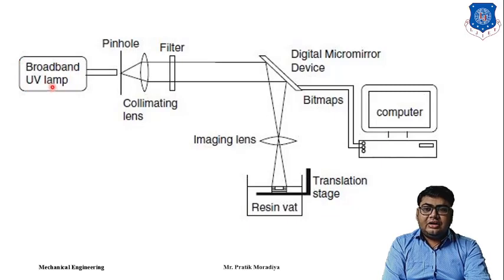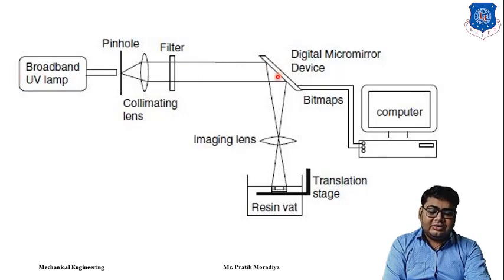This is our light source, normally UV light. From the light source, we will be imparting light on our mirror. Depending on where we want solidified parts, we will move this mirror in this direction and in two other directions also. So, depending on the tilt of the mirror, we can exactly project our light source on the vat where we want our part to solidify.